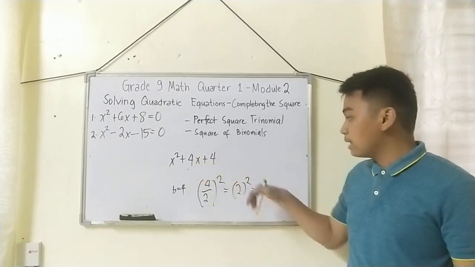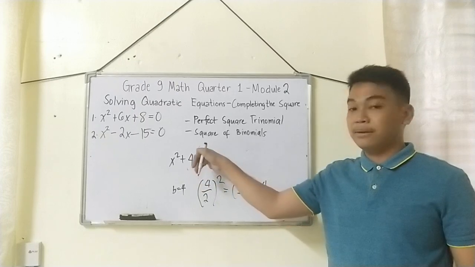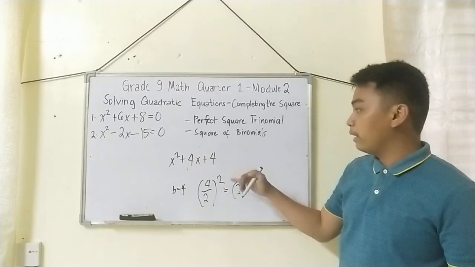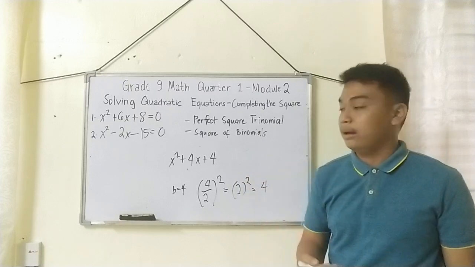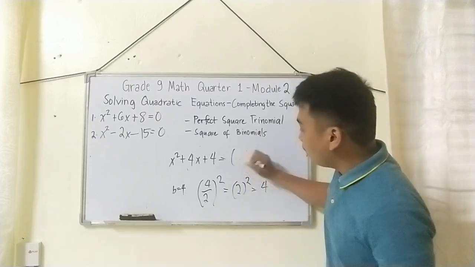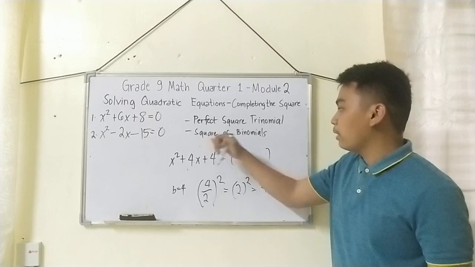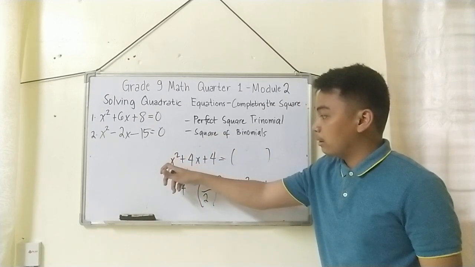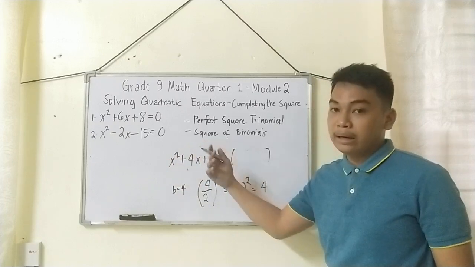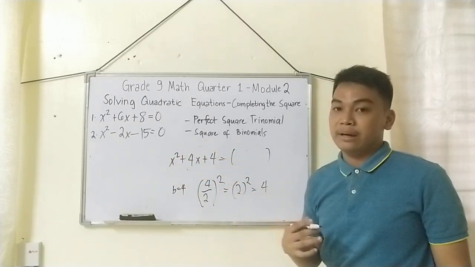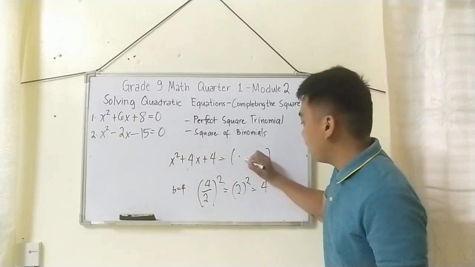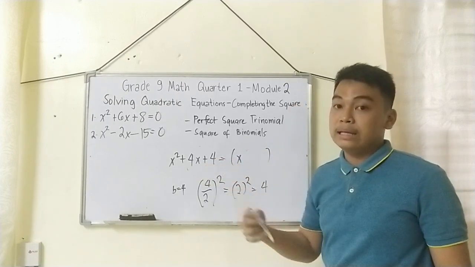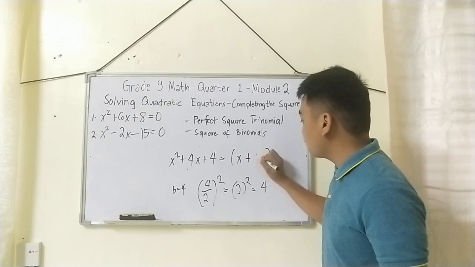As you can see, they are the same. Our constant is 4. Therefore, this x squared plus 4x plus 4 is a perfect square trinomial. And this is what we do to make it a square of binomial. Take the square root of the first term, which is x squared. What is the square root of x squared? It is x. And the positive square root of 4 is 2, so plus 2.